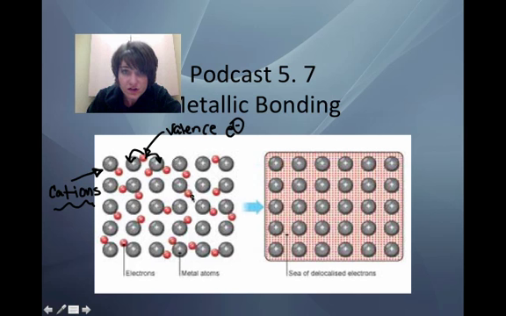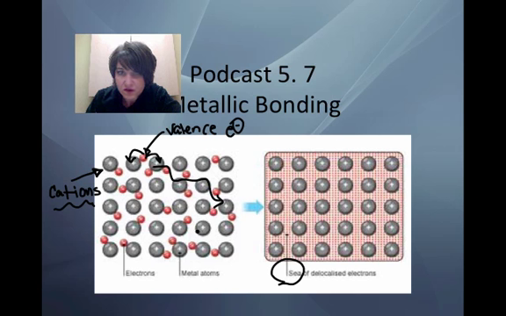So the electrons in metal atoms move freely from one nucleus to the other. The valence electrons don't really get stuck. The core electrons pretty much stay put, but these valence electrons are free to move about and create what we call a sea of mobile electrons surrounding the nuclei that stay locked into place in their crystal structure.